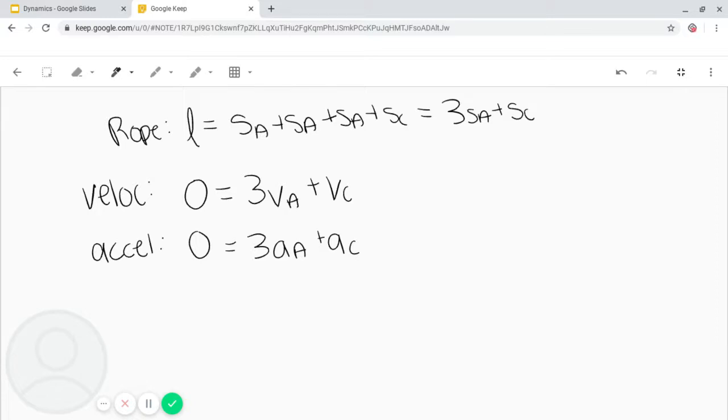So what we want to do then is we want to find VA. So that's what we're looking for. But in order to do that, we need to use this acceleration equation here.